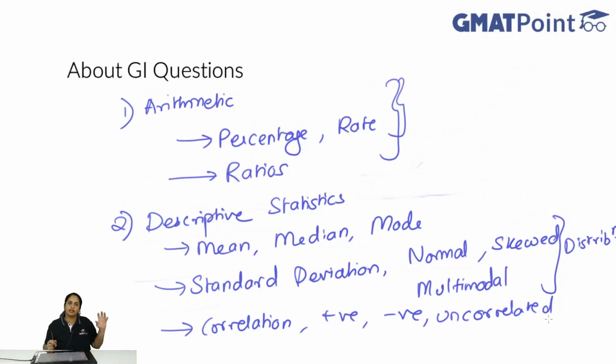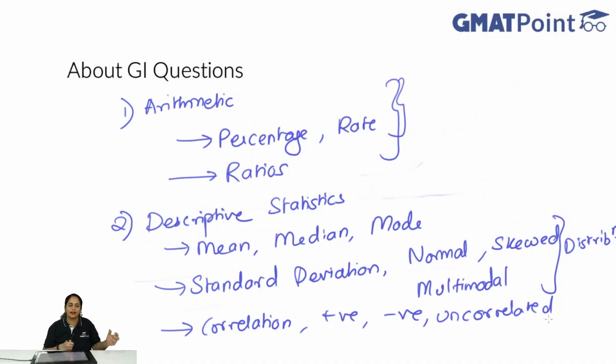Arithmetic, you should definitely complete arithmetic preparation before you come to graphics interpretation, because percentages, ratios, fractions, all of these are really needed to answer questions in GI. The other thing is descriptive statistics, which you can learn in tandem with graphics interpretation, because many of the concepts of descriptive statistics can only be understood with the help of graphs.